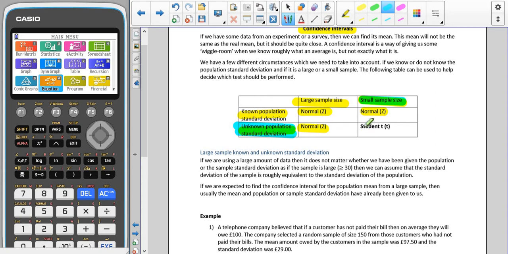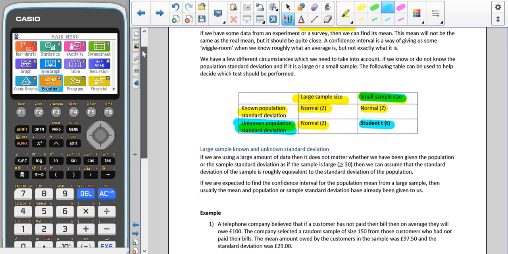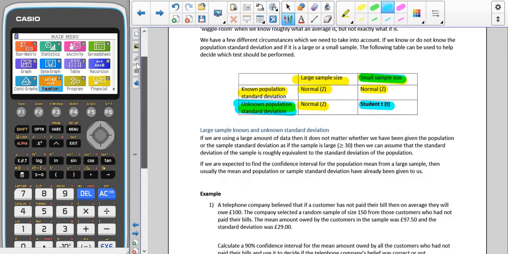So that means that instead we have to do a different test, which is called T. And we are going to come on to looking at this a little bit later on. But for now, we are going to be focusing on the large sample, known and unknown standard deviation, and the small sample, known population standard deviation.